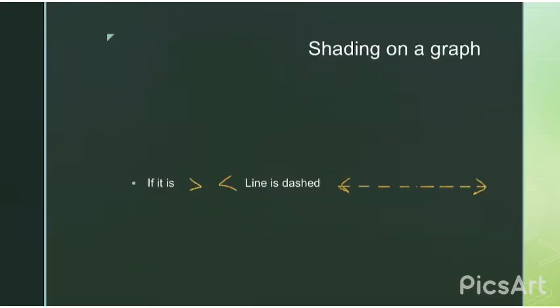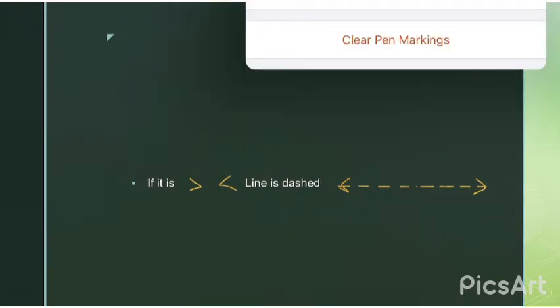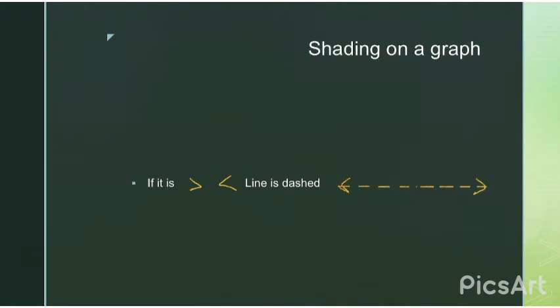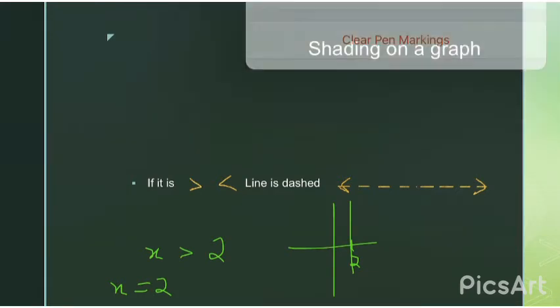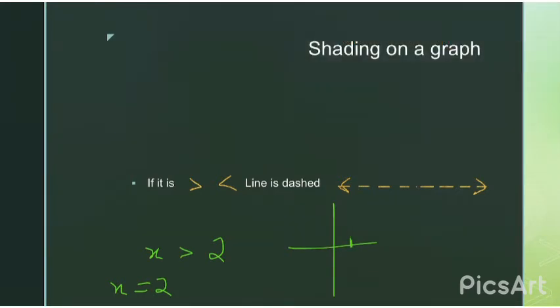So here if it is greater than or less than, the line is dashed. This means that the line which we draw on the graphs will be dashed if the question is like, for example, x greater than 2. So on a number line we will get x is equal to 2. So maybe 2 is here. What we do is the line which we draw to connect over here, we will make it dashed.